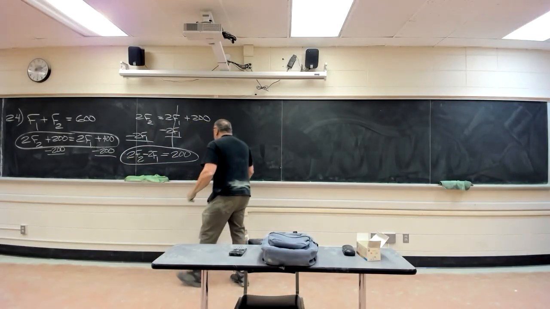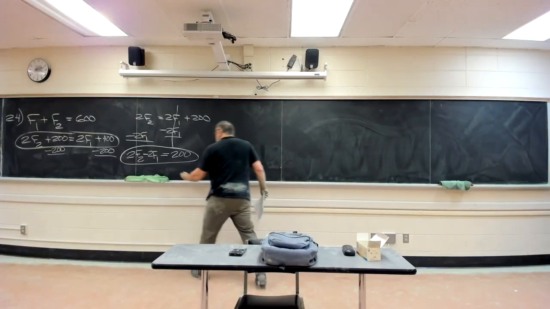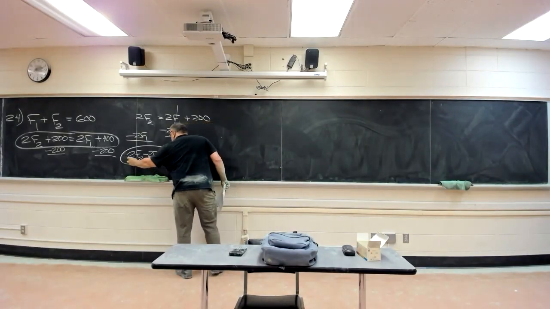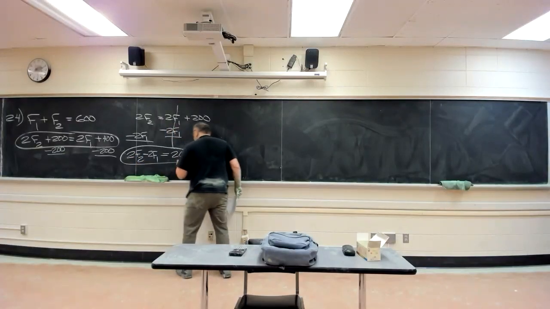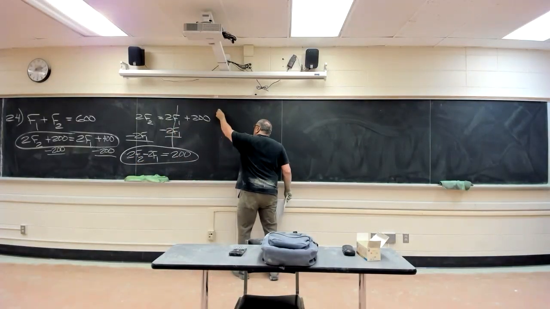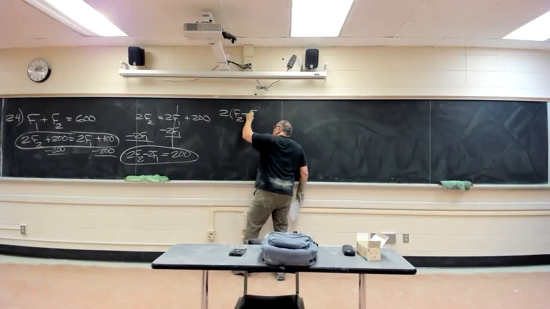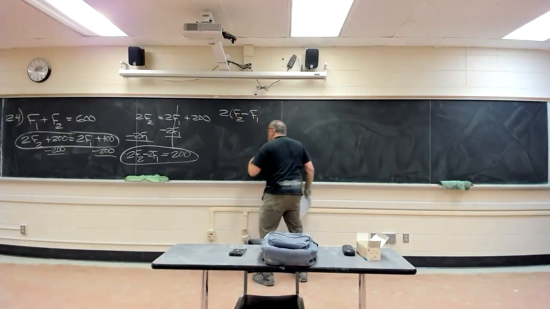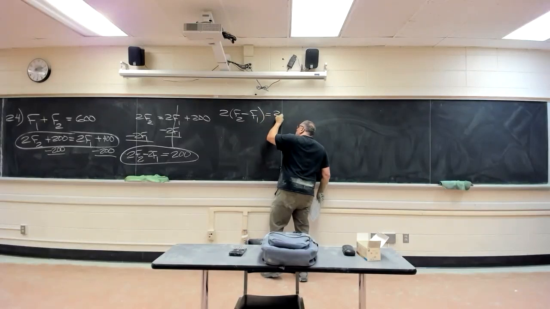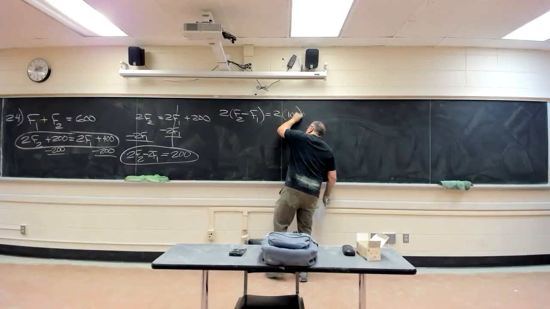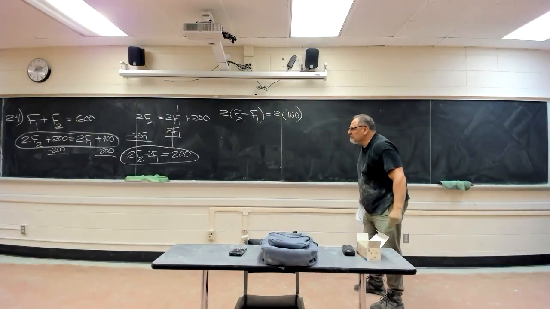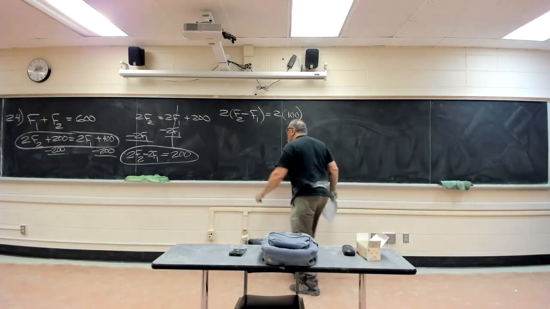Look at it carefully. You can take this right here and factor a 2 out of here. On the left-hand side, you can factor a 2 out. On the right-hand side, you can factor a 2 out. Yeah, I factored a 2 out on each side.